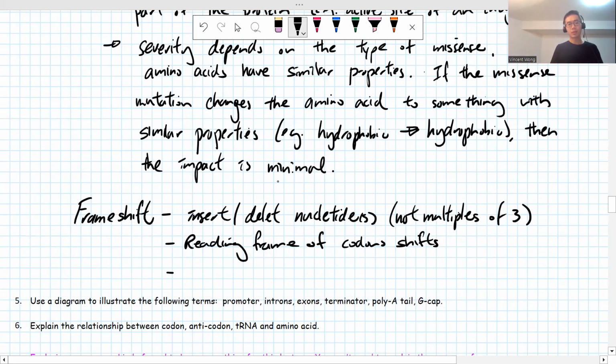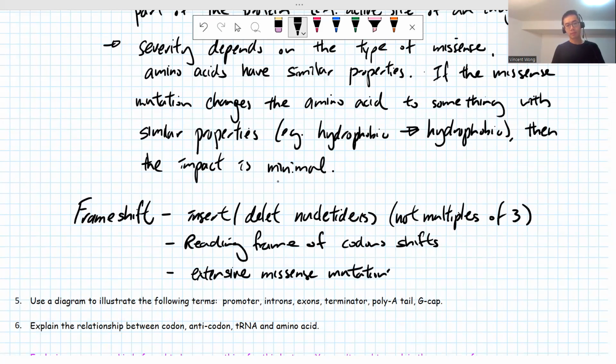So that will lead to extensive missense mutation, right? Or if there is a stop codon in the new frame, it's possible to create a nonsense mutation as well. Okay.